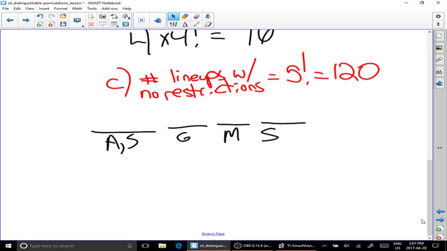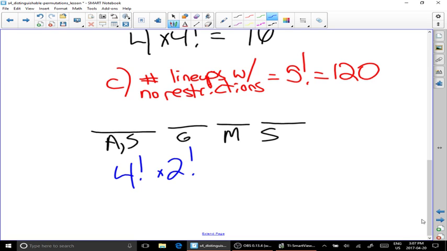Okay, let me ask you this question. Yes, you're right, but how would you arrange 7 dogs? 7 factorial. How do we arrange 5 dogs? 5 factorial. So we arrange 2 dogs in 2 factorial ways. Okay? So we have to arrange this 4 factorial ways, and we're also going to multiply that by 2 factorial because that's the number of ways of arranging Abby and Sophie within each of those groupings.